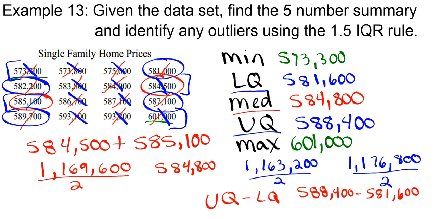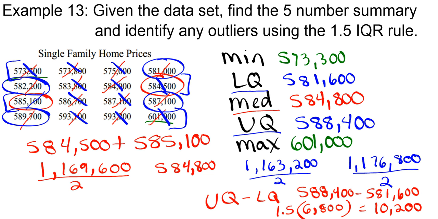Remember, on a box plot, that would be the length of the box, which in this case we get 6,800. But remember, I also have to multiply it by 1.5, which gives me my 1.5 IQR of 10,200.